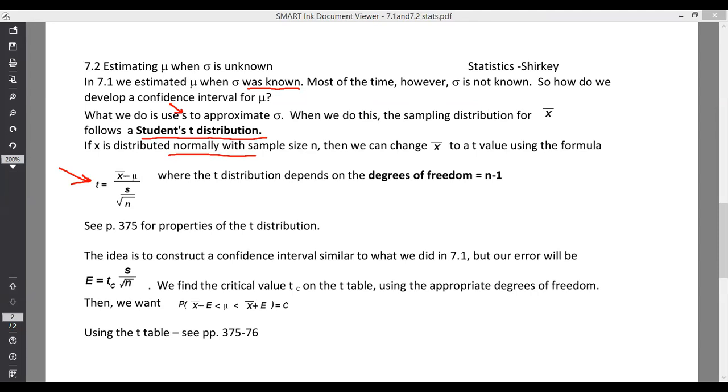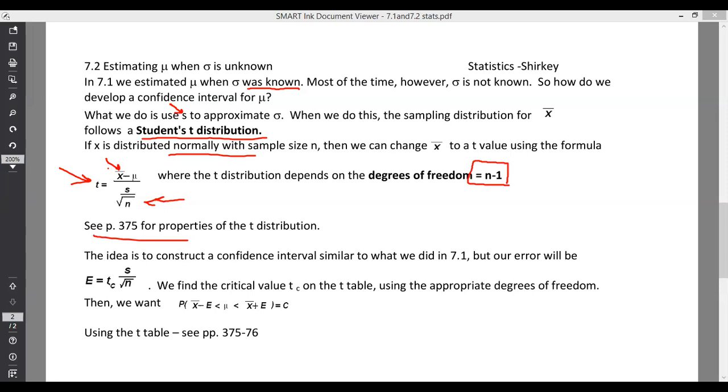You do X bar minus the mean, but instead of dividing by sigma over the square root of n, you're dividing by S over the square root of n. And the degrees of freedom, that first column that we looked at on that table, is n minus 1, sample size minus 1. There's a lengthy proof that goes into showing that. We're not going to cover it in this course. Take a look at page 375 for properties of the t-distribution.